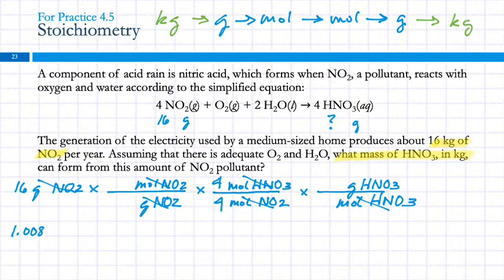So for HNO3, there's an H and an N, and 3 oxygens.